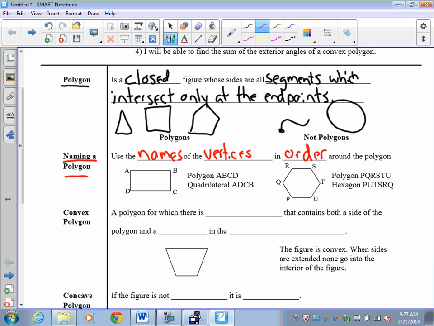So remember, a vertex is like a corner point or where an angle is formed. Vertices is the plural of vertex. So we could either name this polygon A, B, C, D if we go clockwise, or A, D, C, B if we go counterclockwise. The same goes with this other polygon, which is a hexagon. We're going to get into the naming of the polygons here in a second.